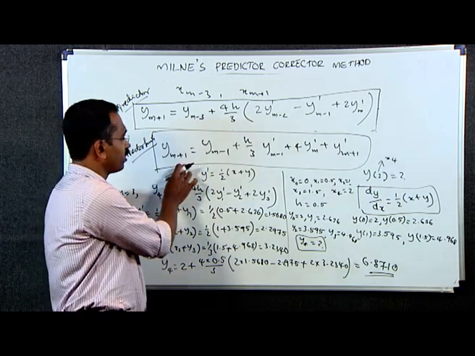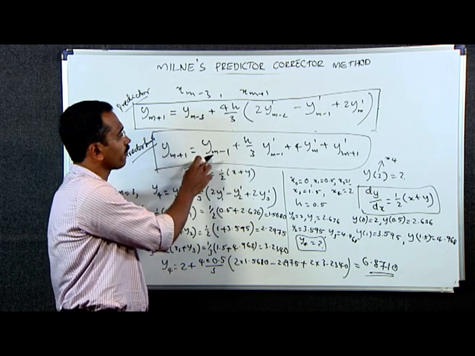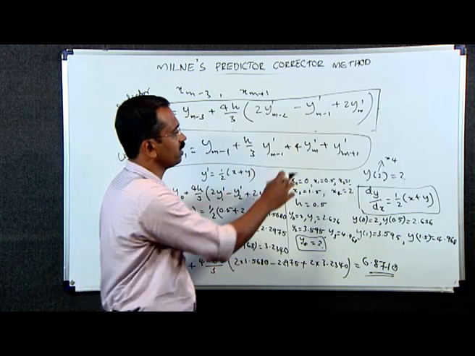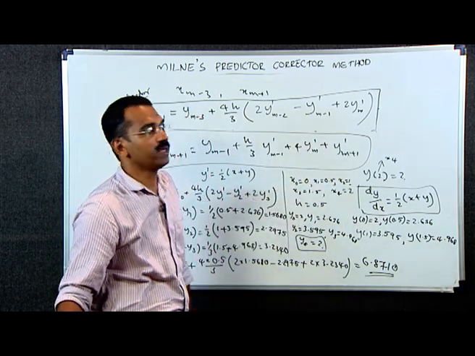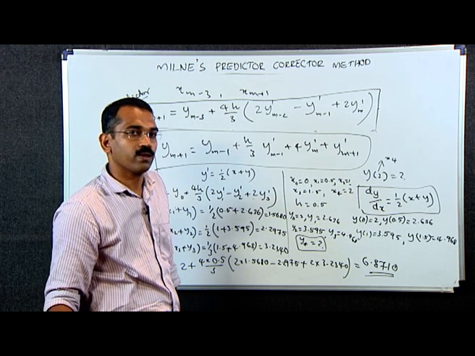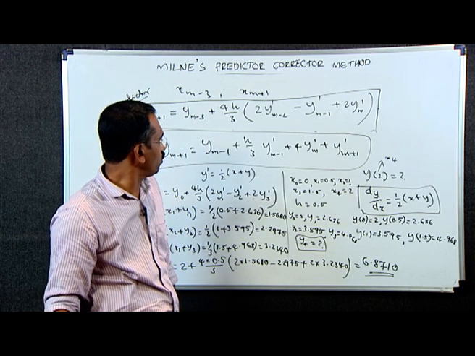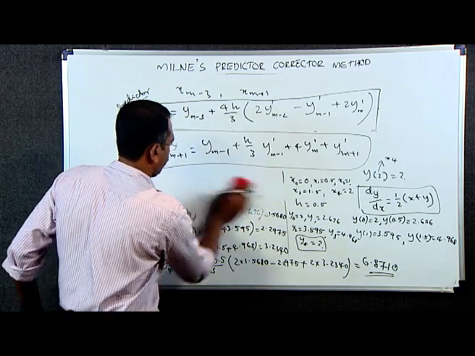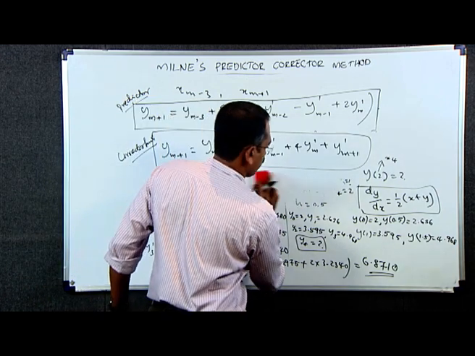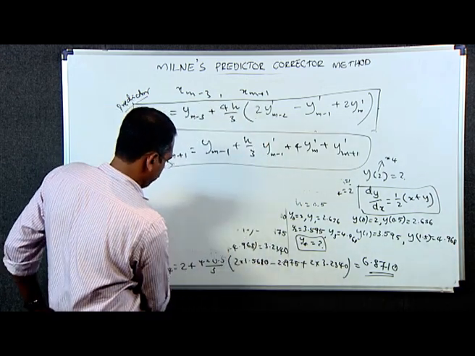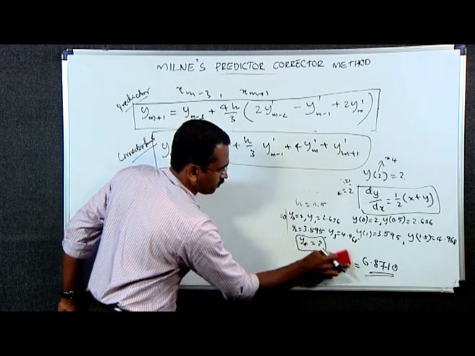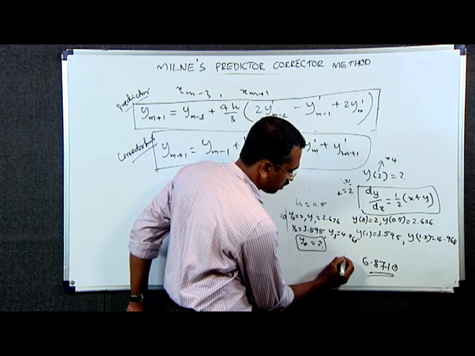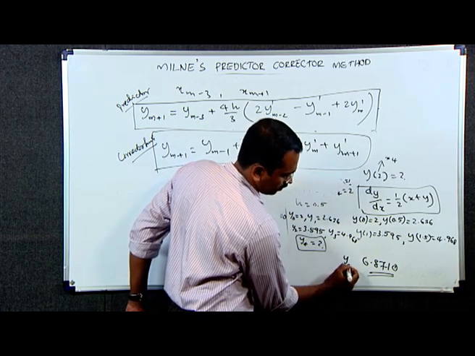This is the corrector formula, that is y m plus 1 is equal to y m minus 1 plus h by 3 into (y m minus 1 dash plus 4 into y m dash plus y m plus 1 dash). Note that this is our y4 predicted.